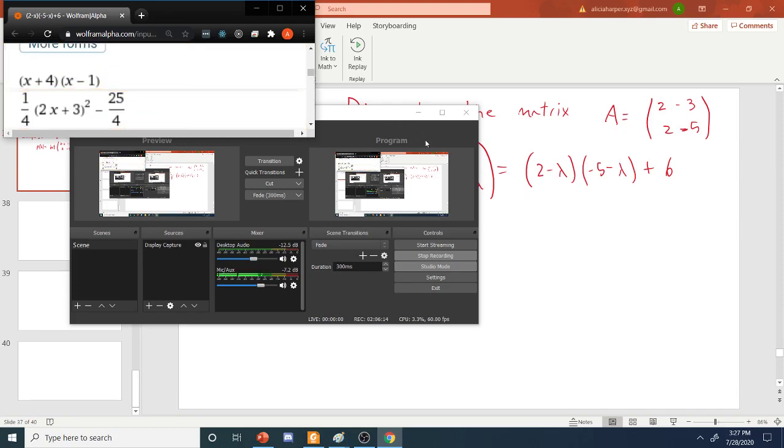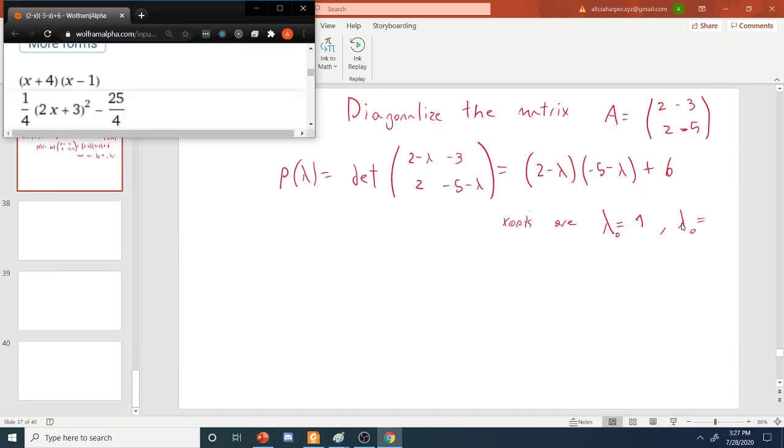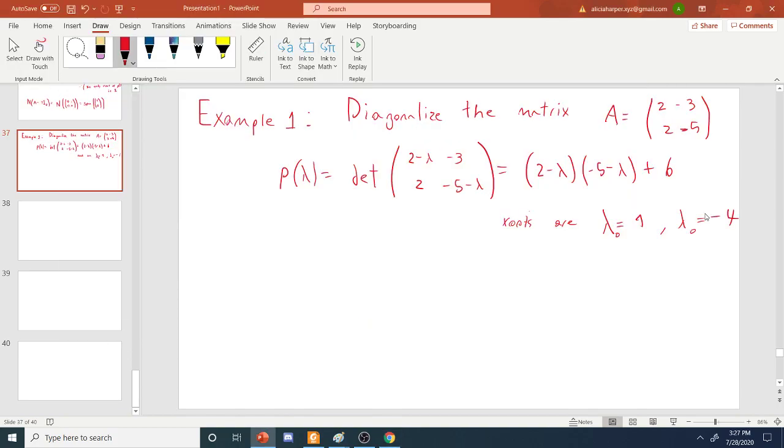And the roots are negative 4 and 1. So the roots are lambda equals 1 and lambda naught equals negative 4.